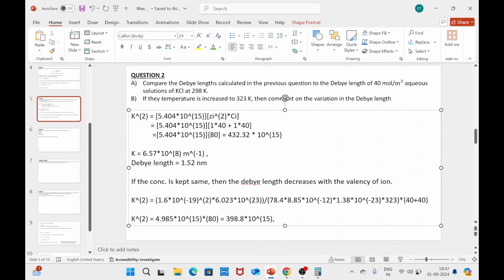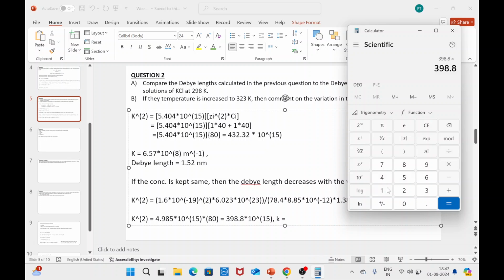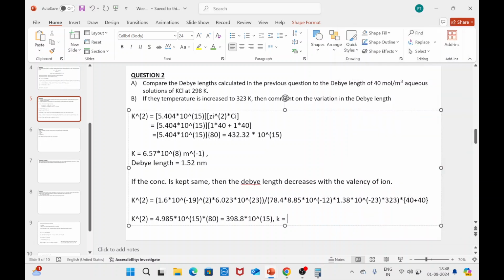You need to calculate the value of kappa, the square root. It is 6.315 times 10 to the power 8 meter inverse.